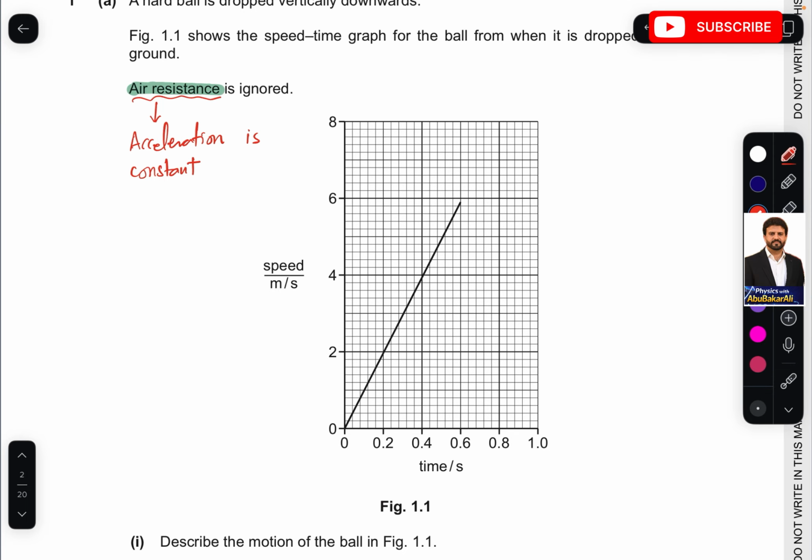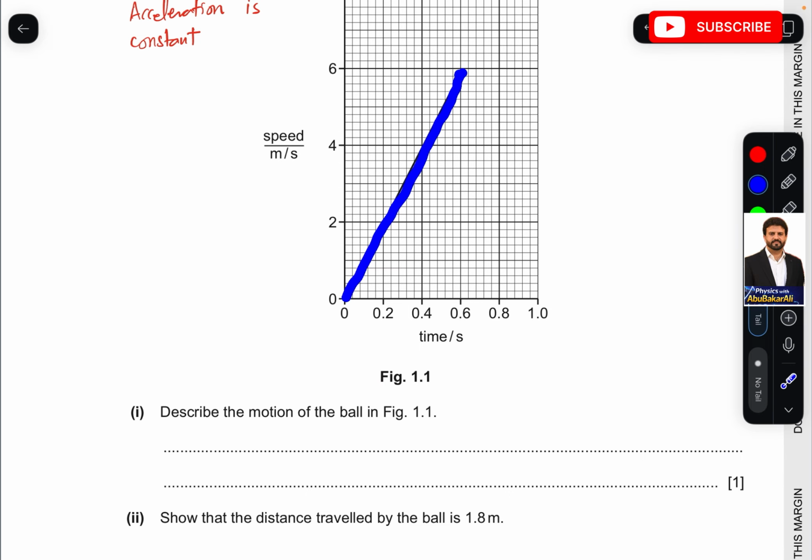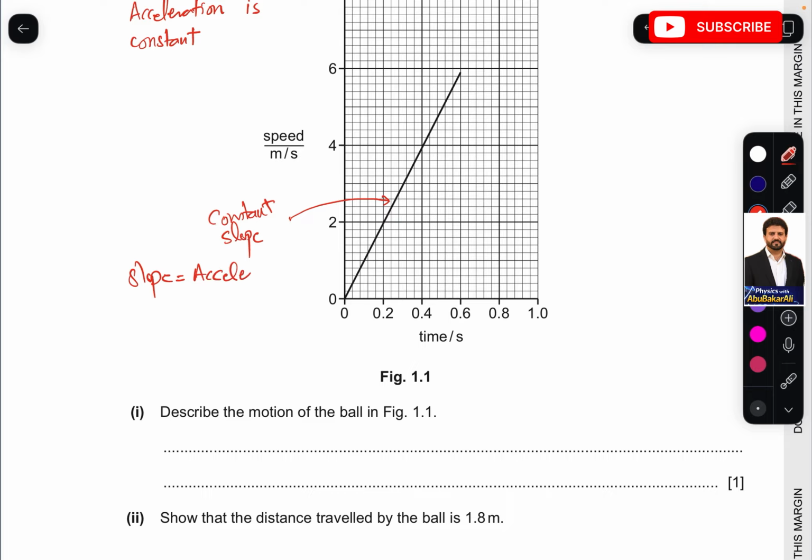If you see, it's a straight line. This straight line shows a constant slope. And we know in a speed-time graph, slope is equal to acceleration.